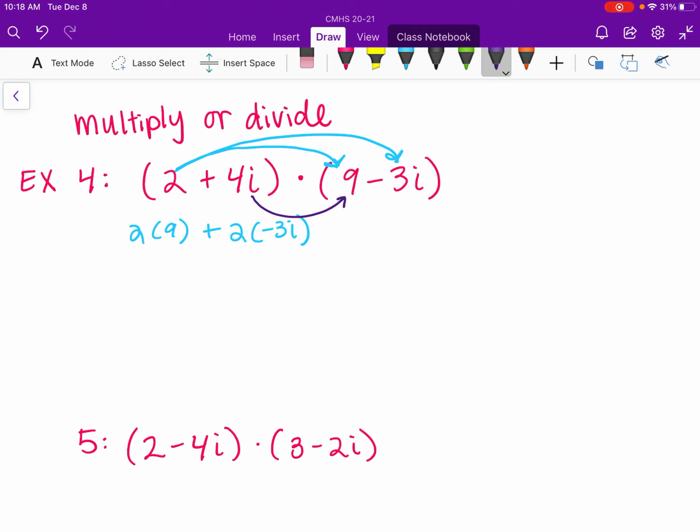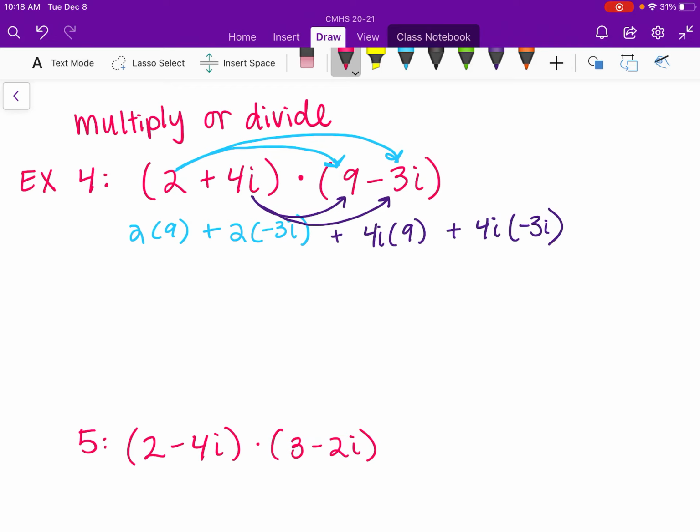Then here, we can do the purple. Okay, so the 4i goes in the purple. So first we have 4i times 9. Then we have 4i times negative 3i. Okay, so that's the first step, distribute.